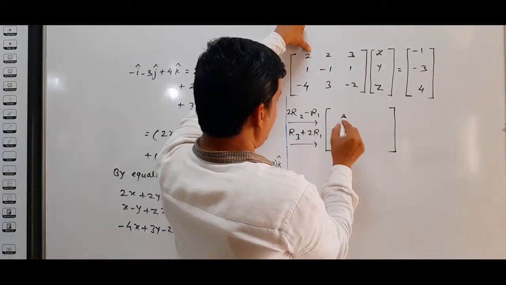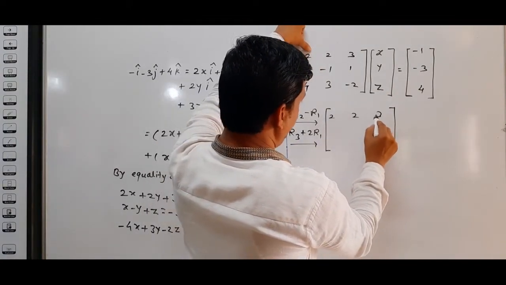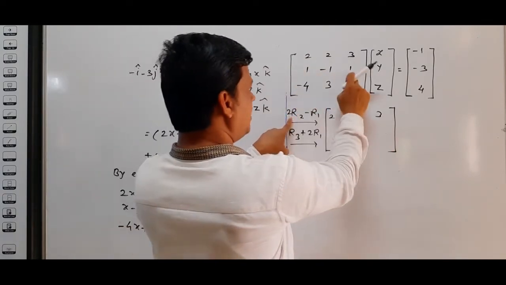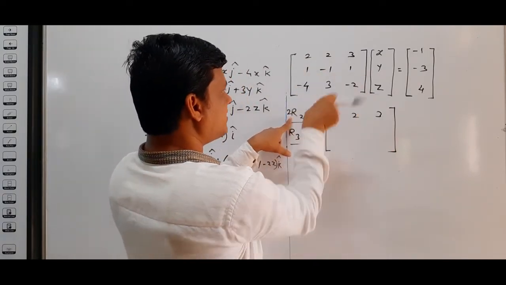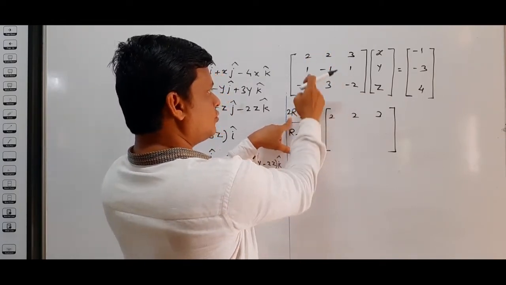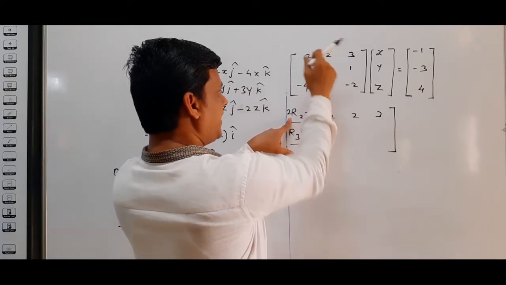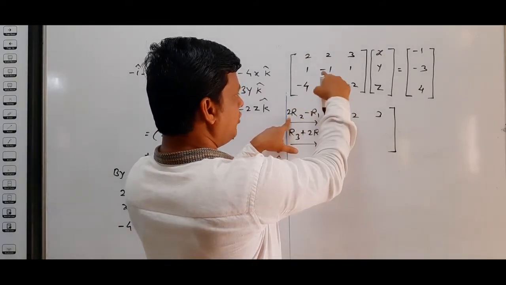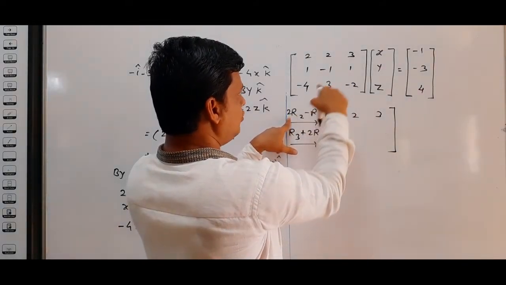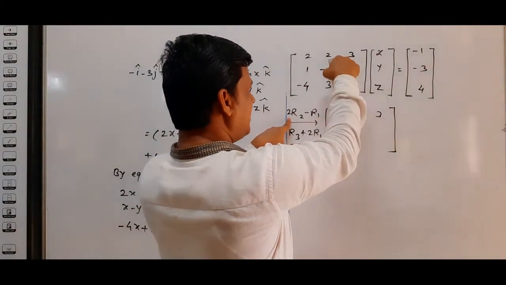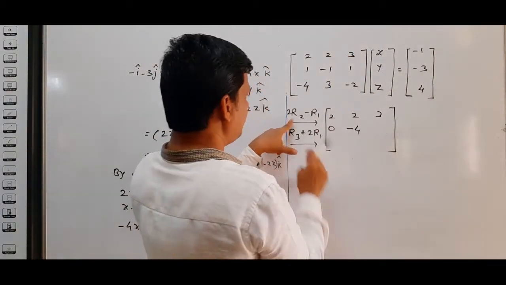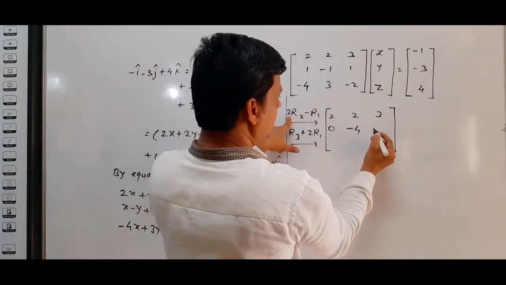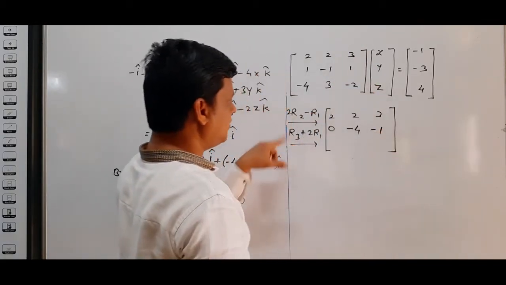Keep the first row as it is: 2, 2, 3. Now the second row we multiply by 2 and subtract the elements of the first row. 2 into 1 is 2, 2 minus 2 is 0. 2 into -1 is -2, -2 minus 2 gives -4. 1 into 2 is 2, 2 minus 3 gives -1.